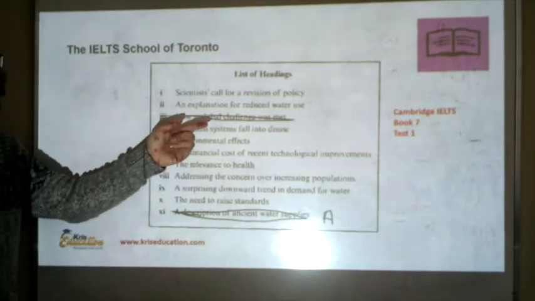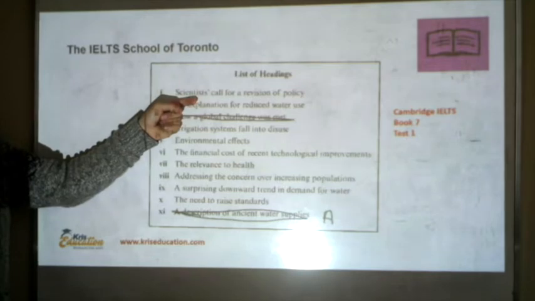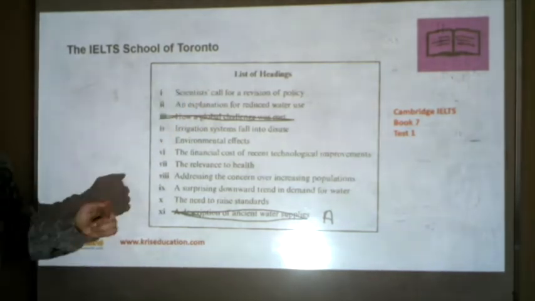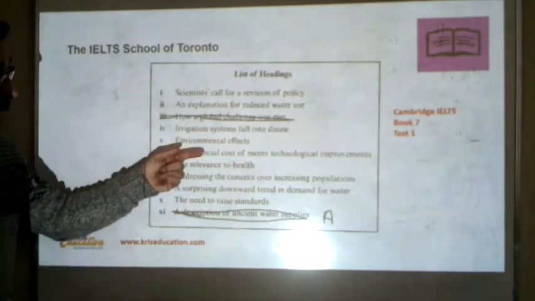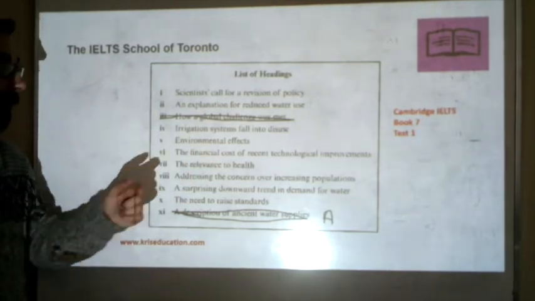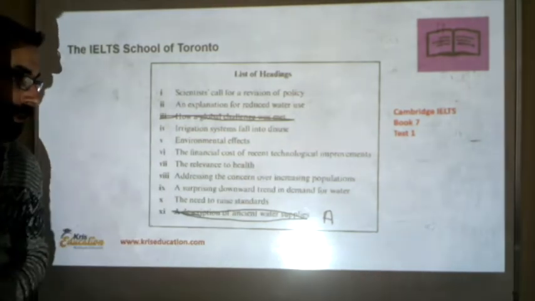If you go one by one, neither sentence 1 nor sentence 2 talks about scientists. None of them talks about the environment or finance, and none mentions increasing population.